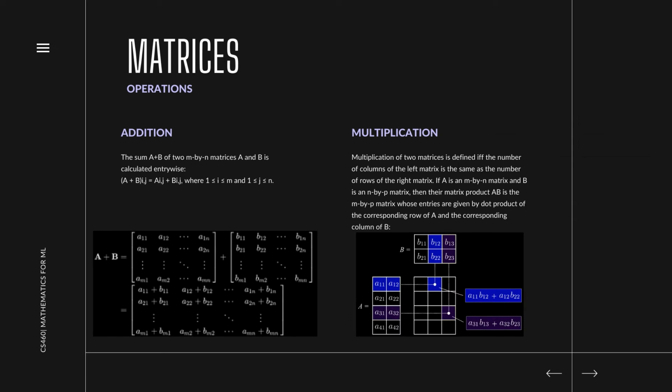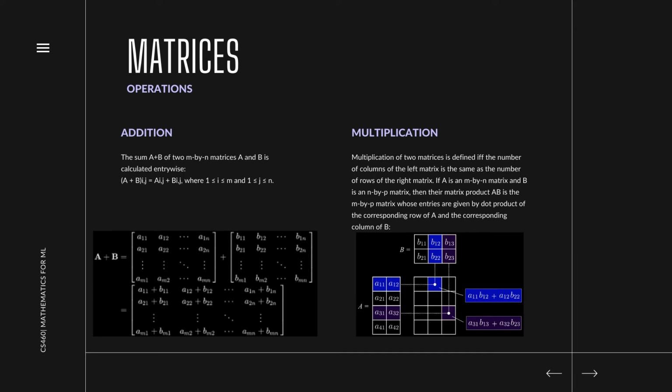Now let's look at some basic operations of matrices, such as addition. The sum of A and B is calculated by summing them entry wise.